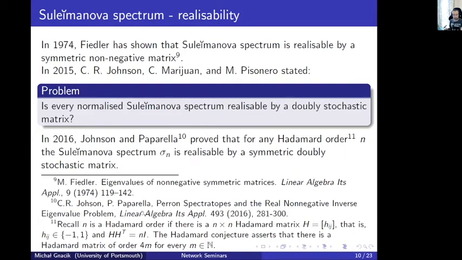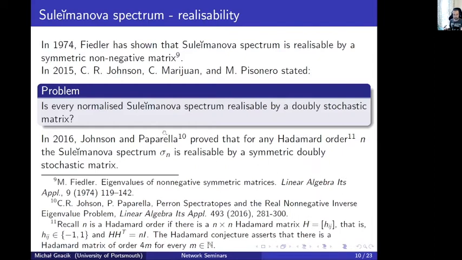It is an order n if there exists an n times n Hadamard matrix. And there is a famous, very old Hadamard conjecture that states that there is a Hadamard matrix of order 4 times m for any natural m.